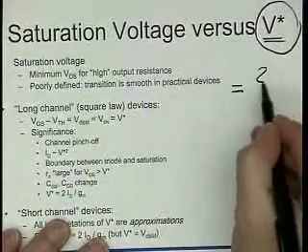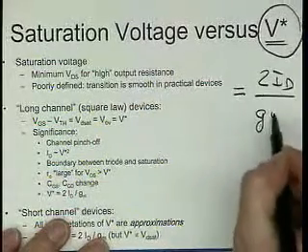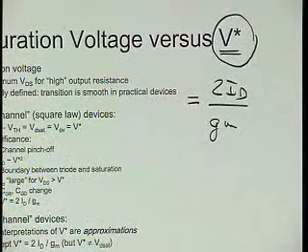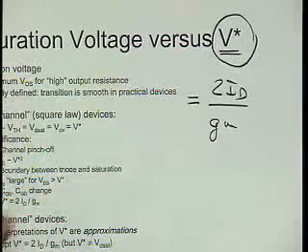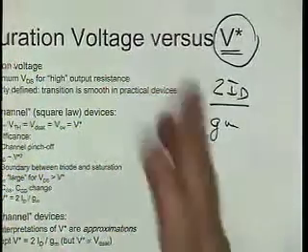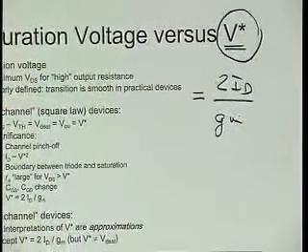It's just 2ID over GM, and it's nothing of all these other things. Even though very often I will say that V star has a relationship to VDsat, and consequently the minimum voltage that I need across my transistor ought to be somehow related to V star, and then I crank SPICE and say, lo and behold, it's not such bad intuition, right? Okay. You can read all of this yourselves, but just be very careful. Don't get confused about that.